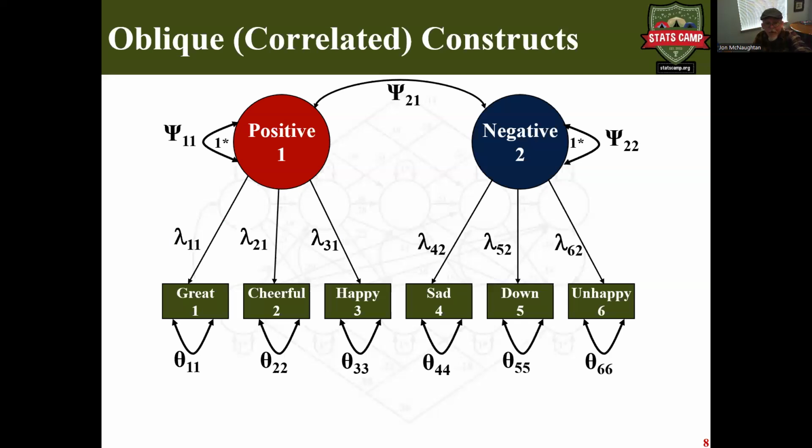So if I put my finger on great and went up lambda 1,1 to the positive affect, and then went over the arc psi 2,1, and then down lambda 4,2, that reproduces the observed correlation between great and sad as a model implied correlation, which is simply the multiplication of lambda 1,1, psi 2,1, lambda 4,2.